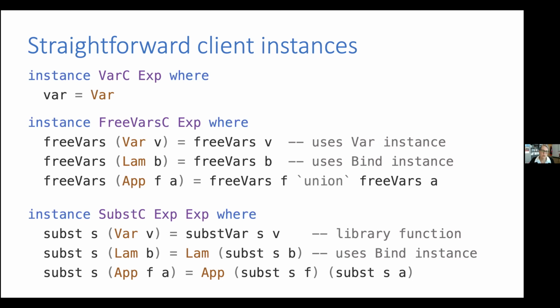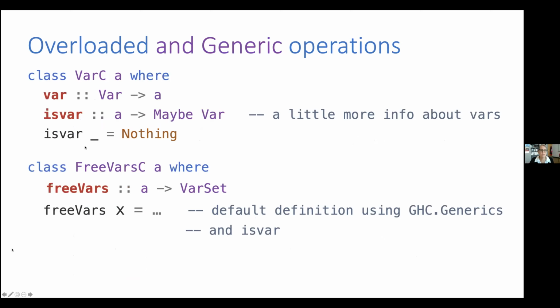And so also you can go to that library and extend it a little bit with one little bit of additional information, helping the library understand where the variables are in the term. And then all of these operations can be augmented with default definitions that are based on generic programming, where if you derive generic for your data type definition, then you don't even have to say how to calculate the free variables at all.